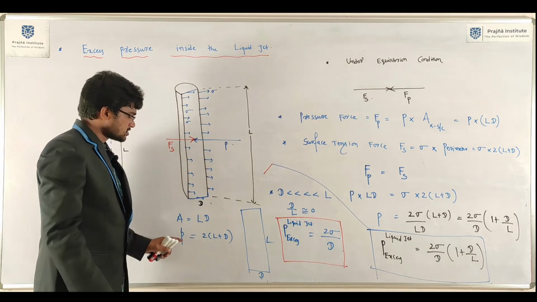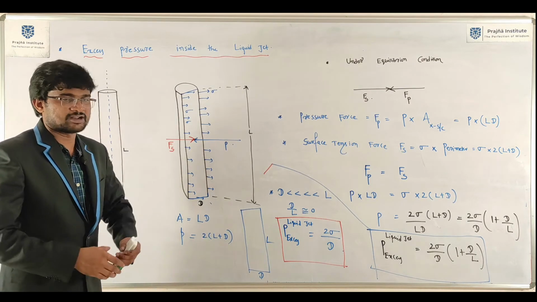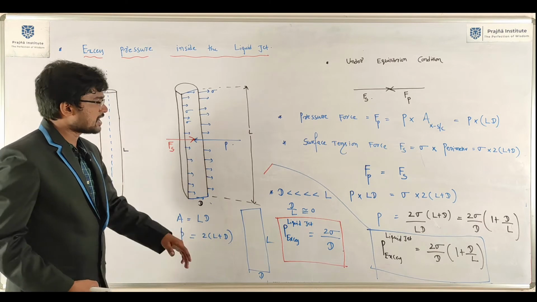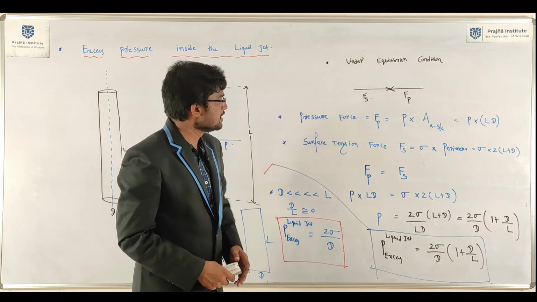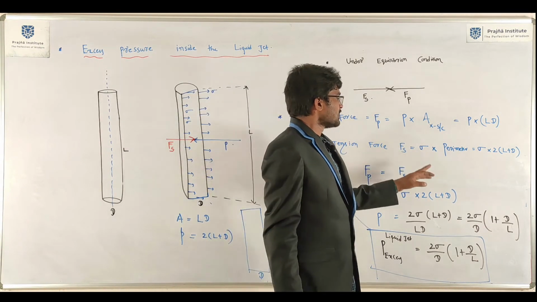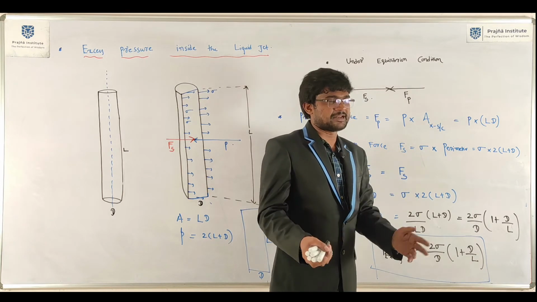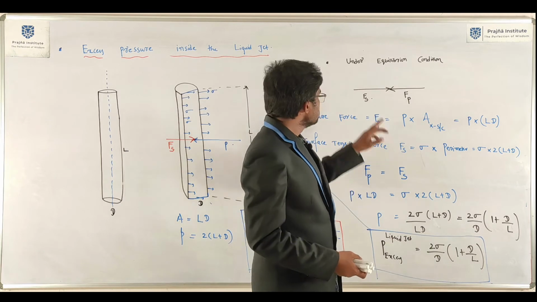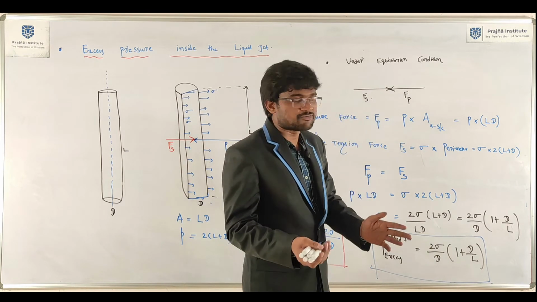Just multiply pressure with area of cross section, you will get pressure force. Multiply surface tension with perimeter, you will get surface tension force. Under equilibrium condition, surface tension force equal to pressure force.